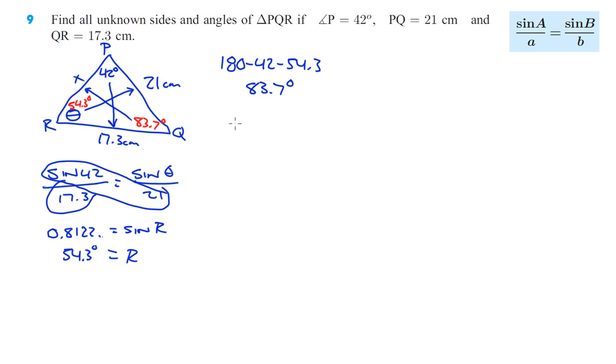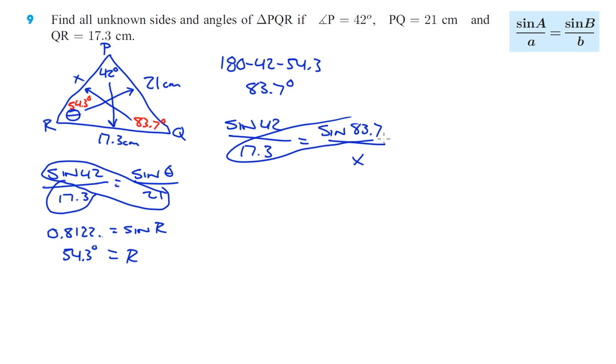So sine 42 over the side across from it, which is 17.3, should equal sine of 83.7 over X. All right, cross multiply and divide, and away we go.